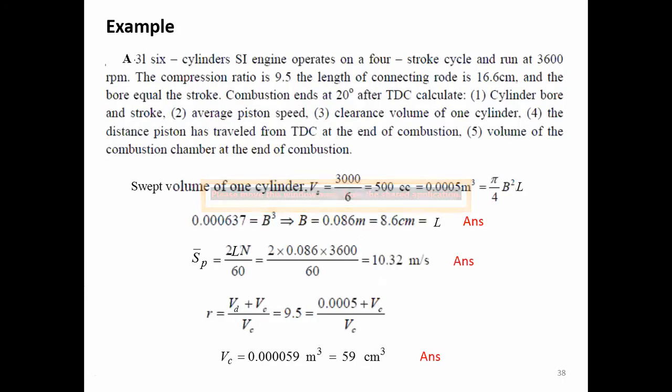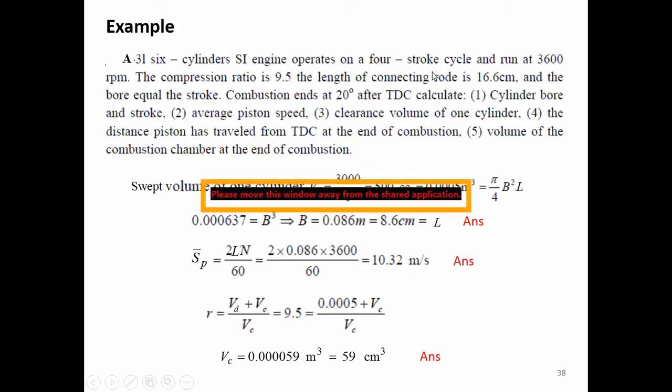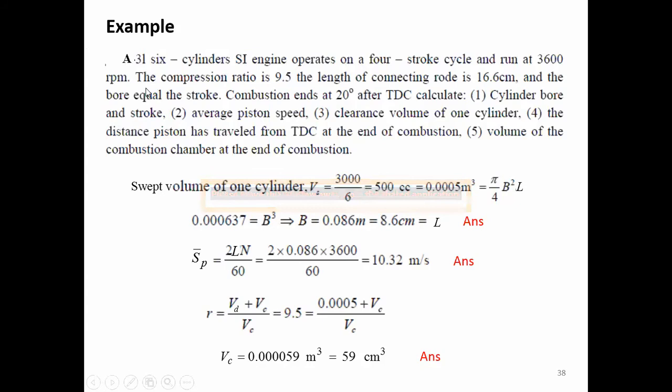Okay, let's look at another example. We have a 3-liter, this is L, 6-cylinder SI engine operating on a 4-stroke cycle and running at 3000 RPM.